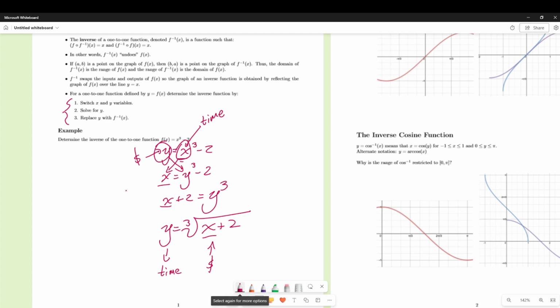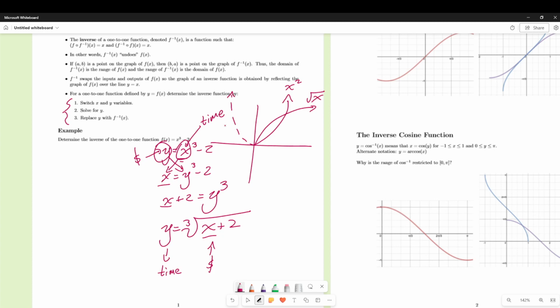And if you think about it in terms of the graph up here, even when I graphed the x squared and the square root of x, x squared, of course, does have both pieces.